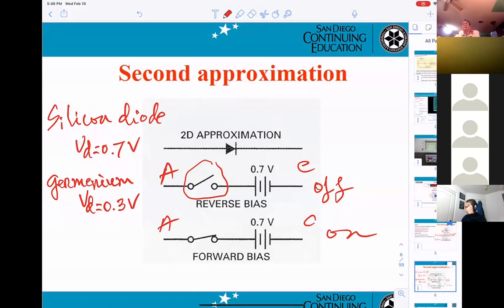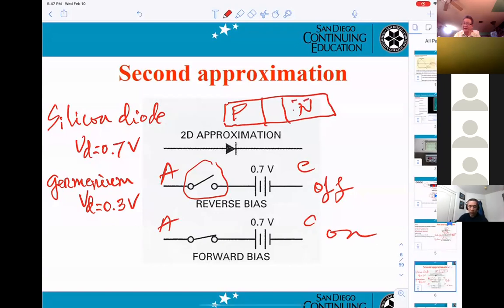Okay, now I can explain to you a little more why 0.7. You see, like we draw the diode physically here. This is a P side, N side. This is a depletion region. Negative electrons on this side will be moving into the P side.